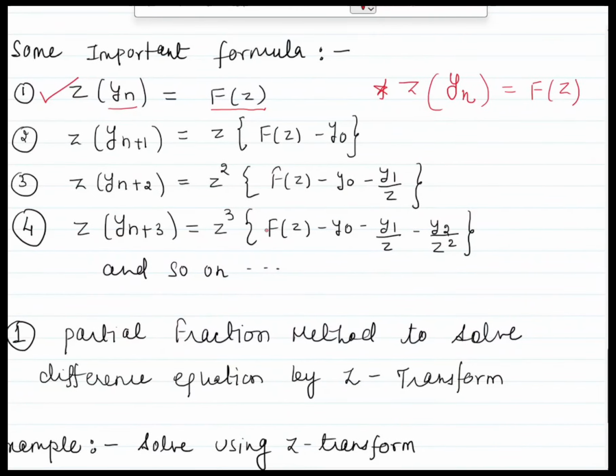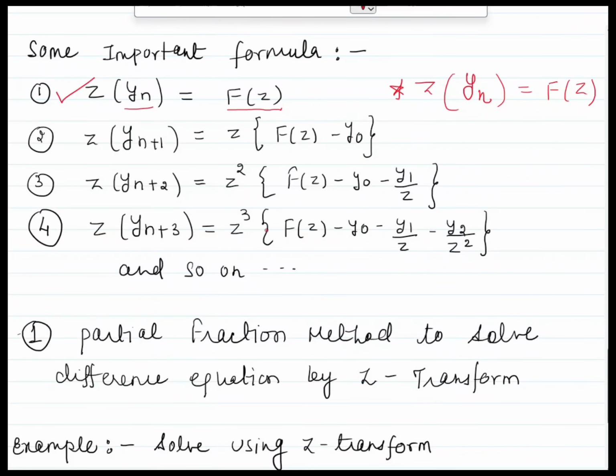The second thing is, suppose we have the first difference. If we are taking the Z transform of the first difference, we write Z of y_{n+1}, and we have to learn this formula. Z of y_{n+1} equals z times f of z minus y of 0.